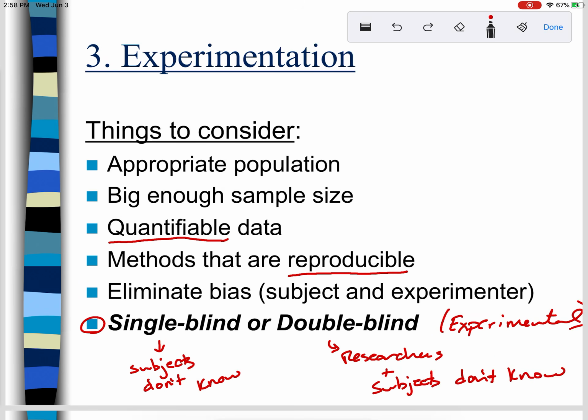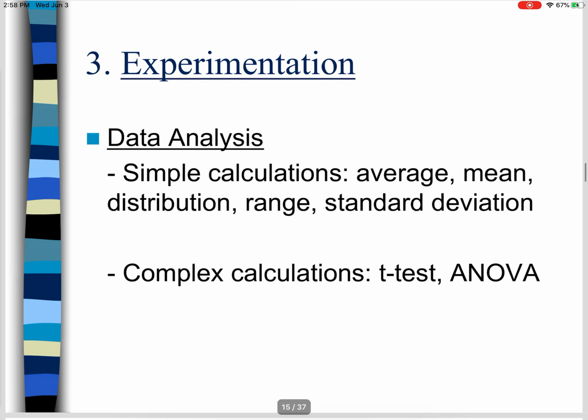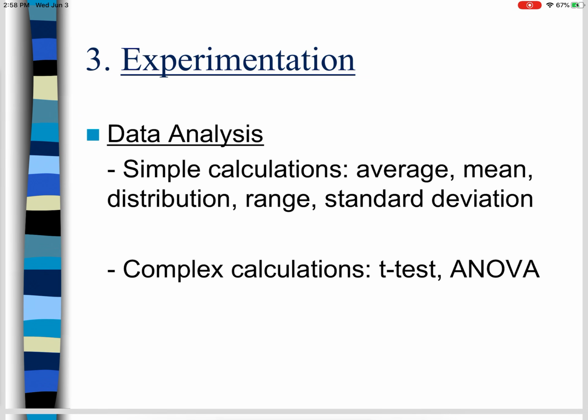So if I know that this powder actually has whey protein in it, I might say it differently, like, oh, here's your sample, good luck, knowing that it has whey and it might make a difference. So it's always better to be double blind. So you have a company or somebody else prepare the powders. So neither the researchers nor the subjects, neither of them know what's the control powder versus what is the actual whey protein powder.